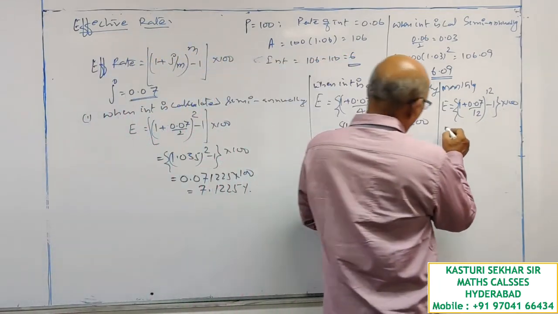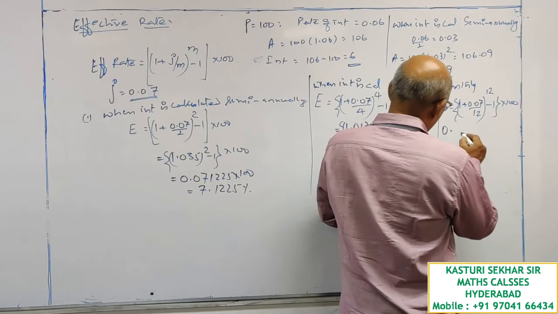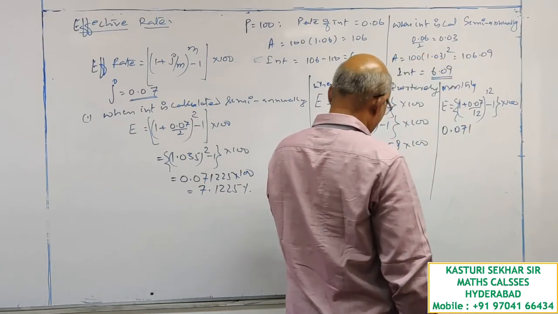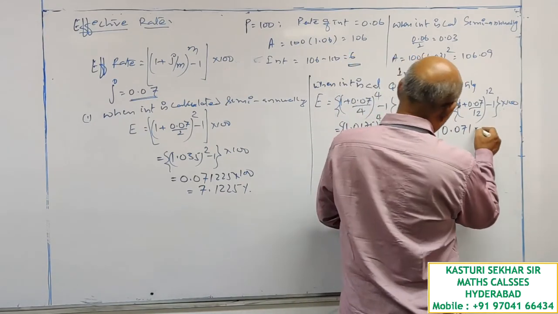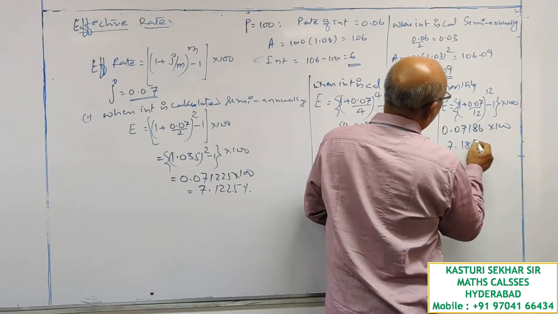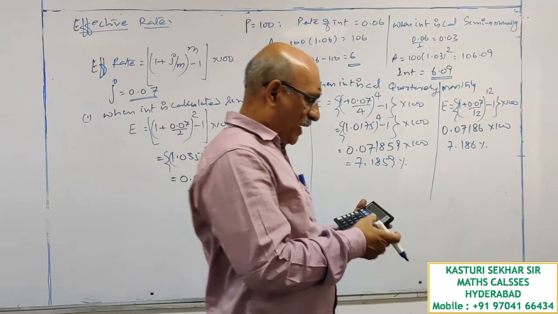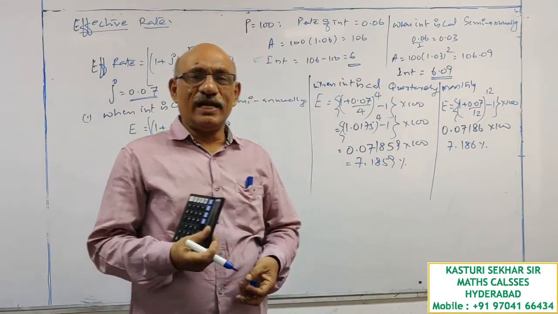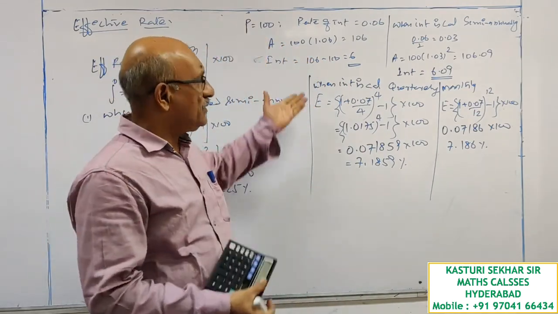So this is 0.07186 into 100, 7.186%. This way, effective rate is calculated straight away using this formula.